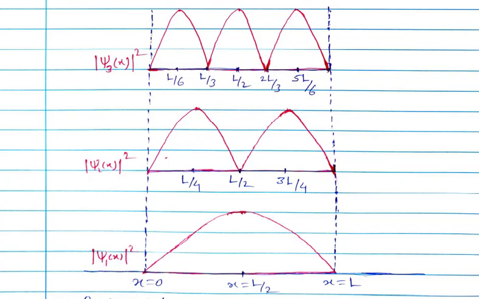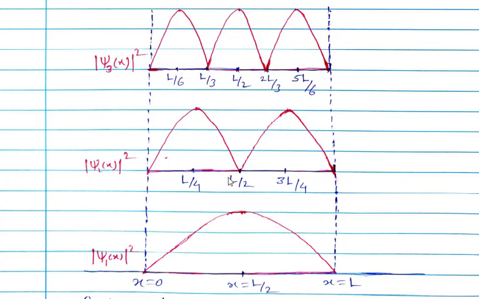This clearly indicates that in quantum mechanics, the probability of finding the particle at different positions inside a one-dimensional box, or inside a uniform region, is different. If the particle is in the ground state, it will be most likely found at the middle of the box. But if the same particle is in its first excited state, at the middle of the box you cannot find that particle.